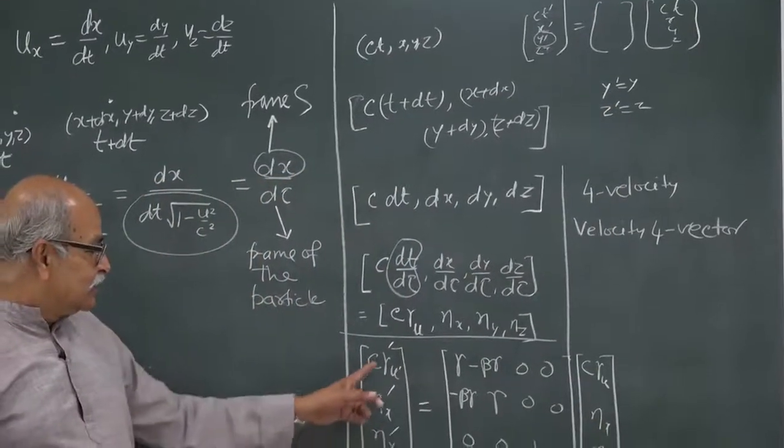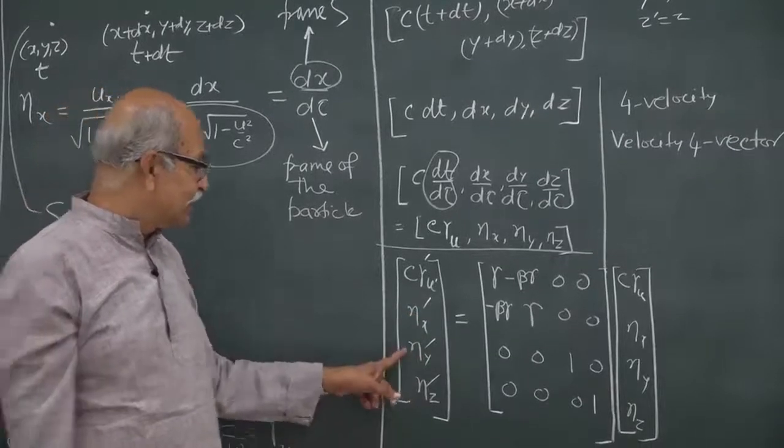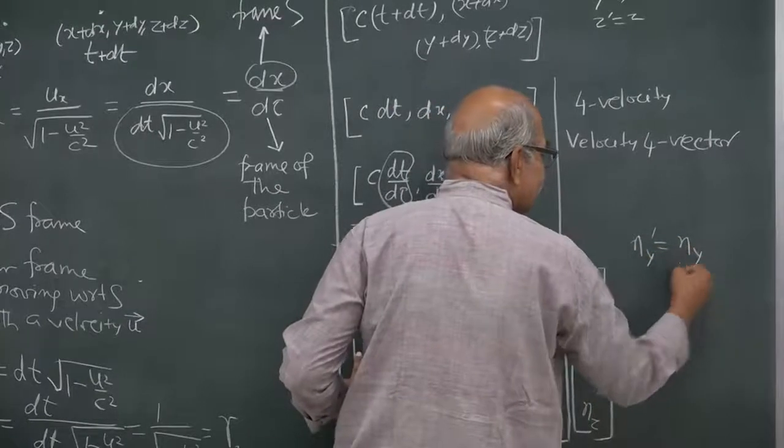Same story, 0th component, first component, second component, third component. So, eta y prime will be equal to eta y.